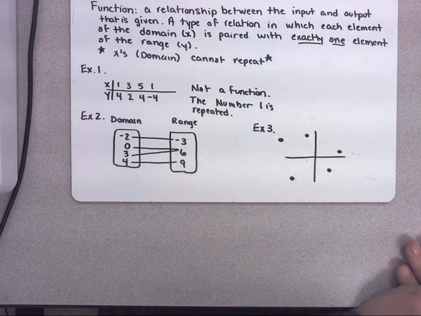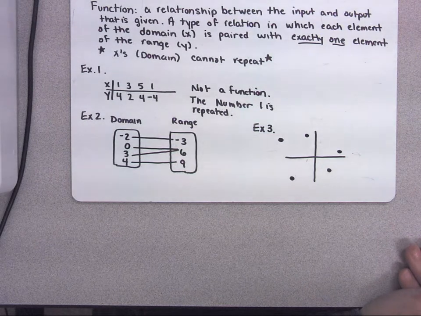So there is a test. You learned this in middle school. We call it also the pencil test. That's how it used to be called, to see if something works on a graph so that no x's repeat. Do you remember what it's called?